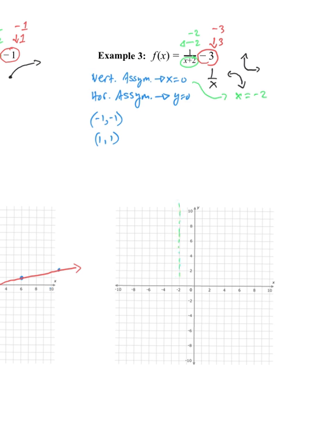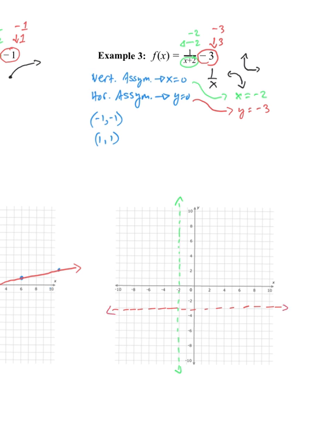I'm just going to draw that in right now. So that's our vertical asymptote. Our horizontal asymptote is going to do the exact same thing except for what we're doing with the y, which is down 3 or subtract 3. So now we have a horizontal asymptote at y equals -3, which is going to be right here. So those are our new asymptotes.